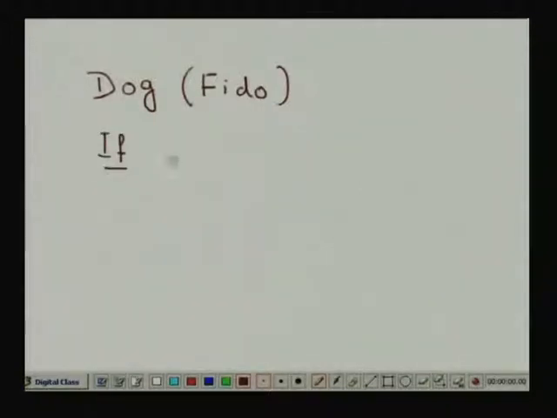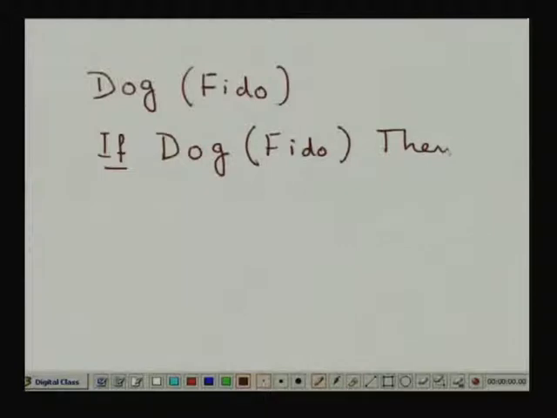Fido is a dog. Dogs have 4 legs, that means, writing in propositional form, if dog(Fido) then has 4 legs(Fido).